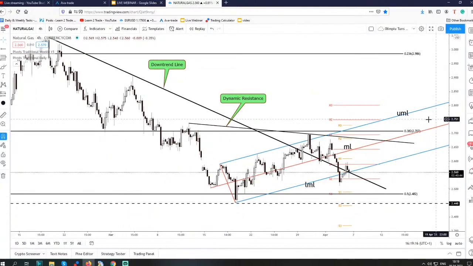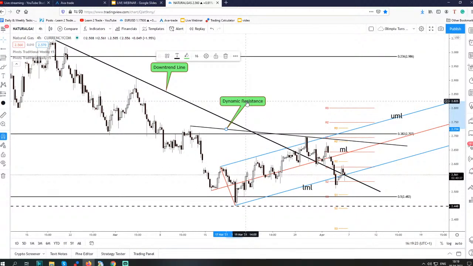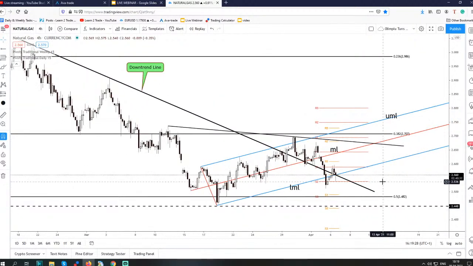So the price has continued to decrease along this downtrend line. It has registered here a false breakdown below S2, and now is struggling, is fighting hard to get back above this downtrend line, and also to get back within the minor ascending pitchfork body.